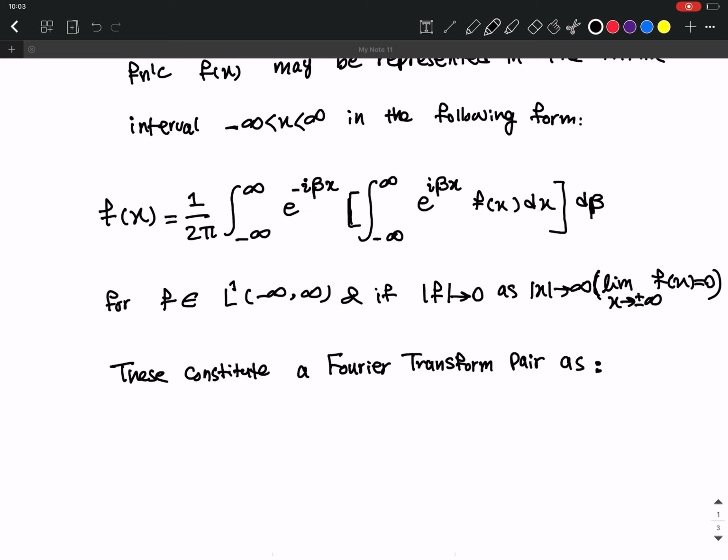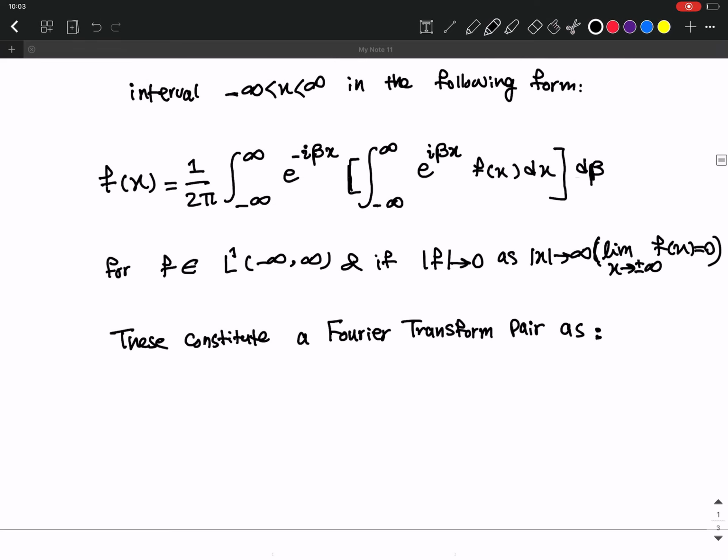So these constitute a Fourier transform pair as this that I'm going to show. Let me first write this here. So we have an integral transform.